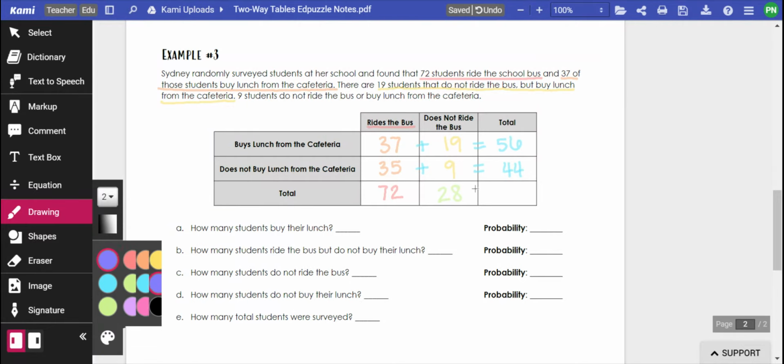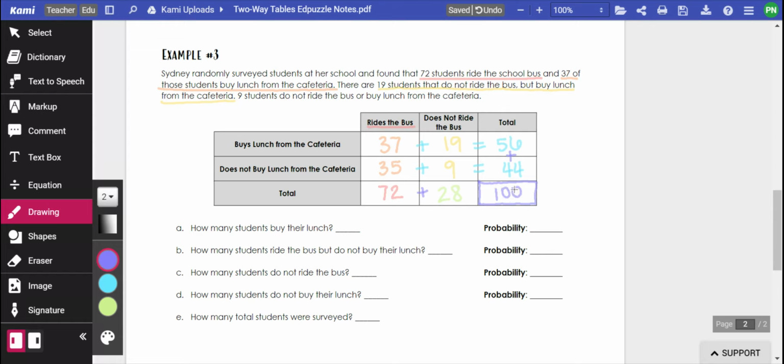And then we should be able to get the same exact total, regardless of if we do 56 plus 44 or 72 plus 28. And our total should be 100.